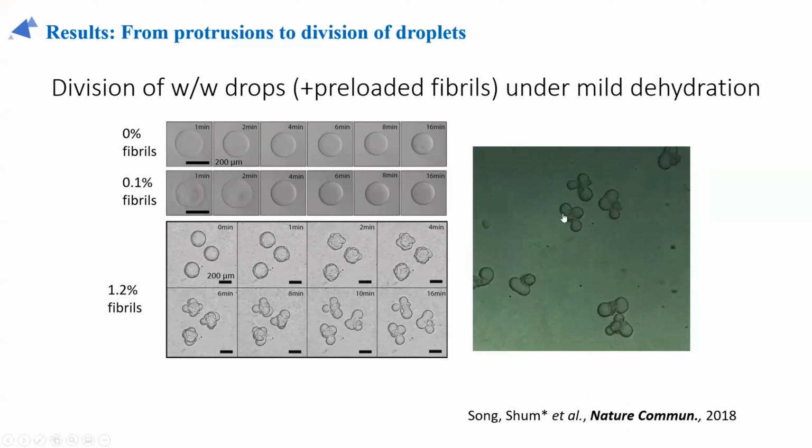This is contrary to what you would predict for emulsion droplets. Typically, for thermodynamic reason, they tend to coalesce and become larger rather than becoming smaller or splitting into smaller droplets. So what's happening here? This is driven by the osmotic force applied to the nanofibril network inside the droplets.